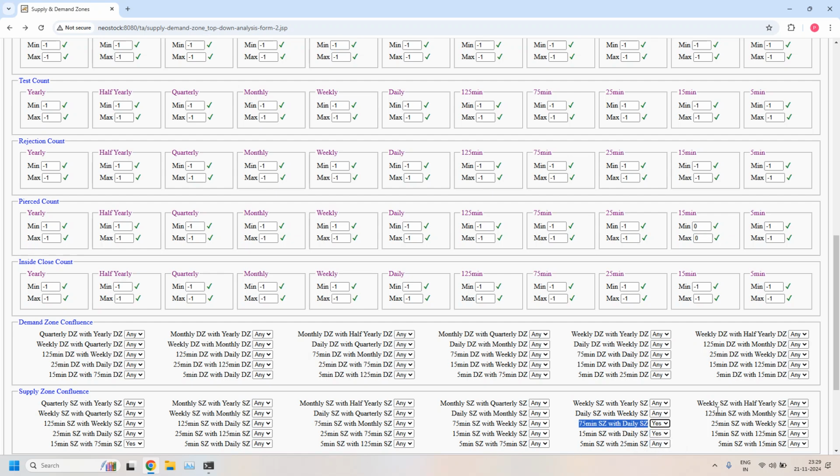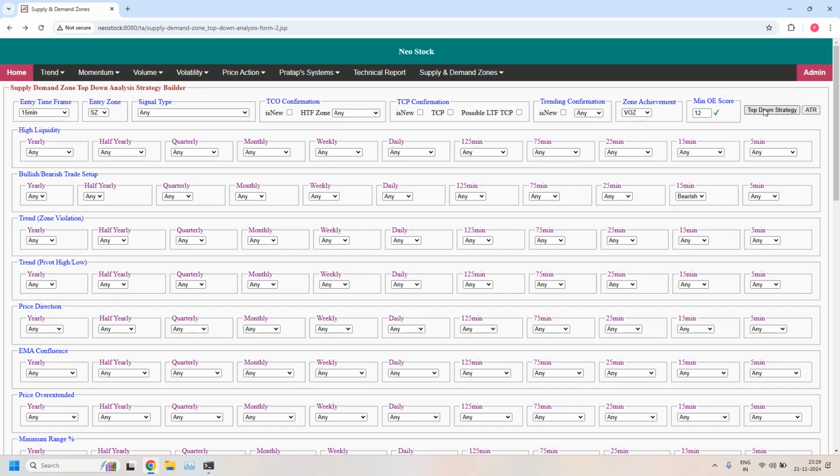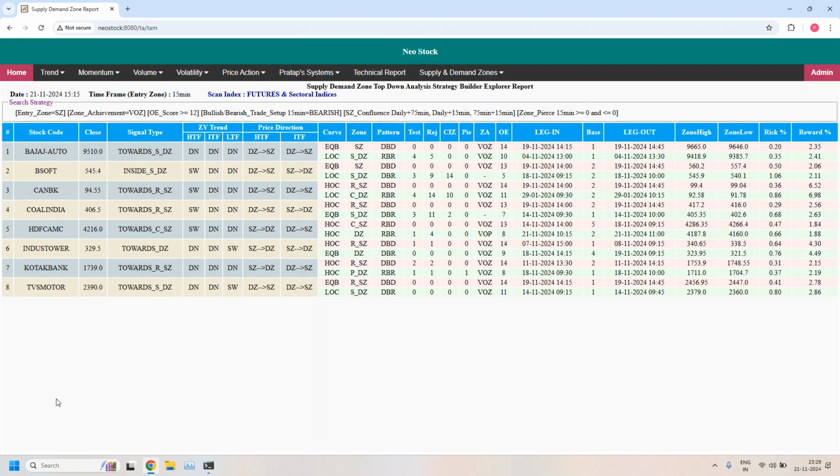They are all enabled with all the 3 filters. LTF, ITF, HTF supply zone confluence. We got 8 stocks. In all these 8 stocks, the entry time frame 15 minutes supply zone is part of the 75-minute supply zone. Both together again part of the daily supply zone.